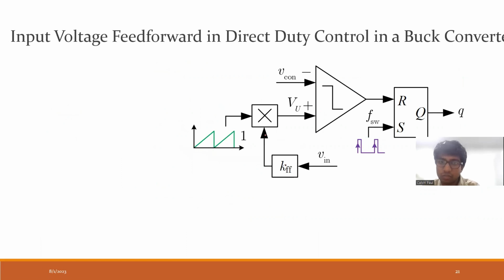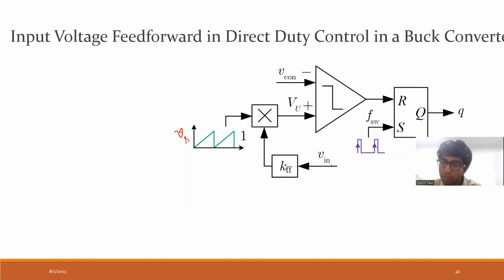There is another concept known as input voltage feed forward. In this modulator, in this ramp signal VR which we have, if we incorporate the input voltage information into it, then it would result in a control where the output voltage is independent of the input voltage.